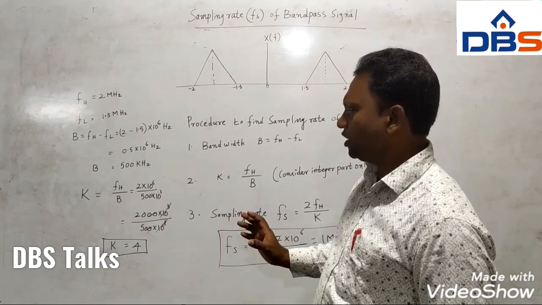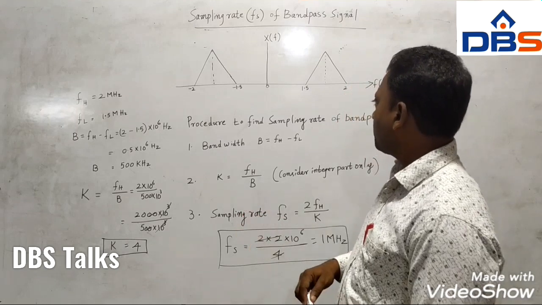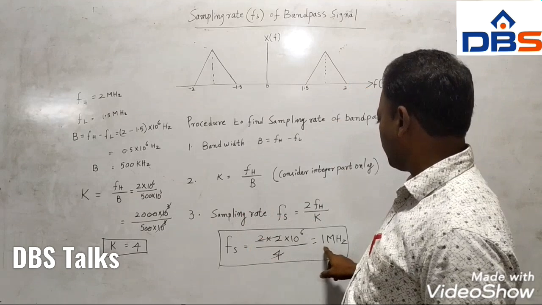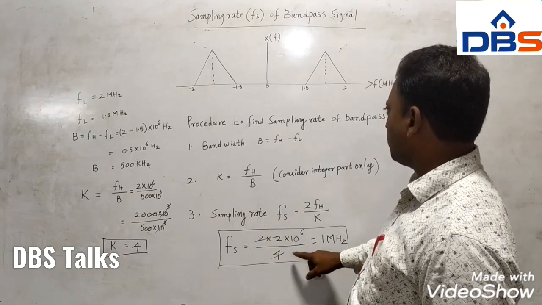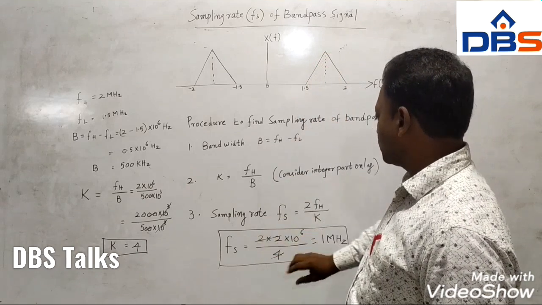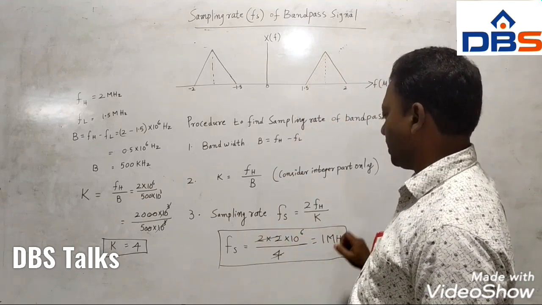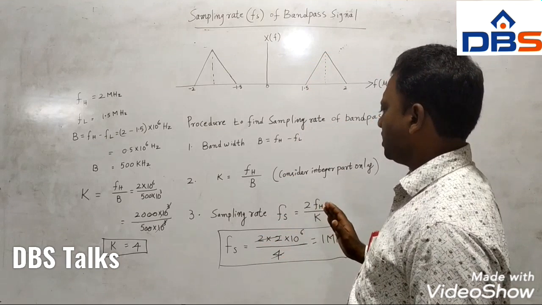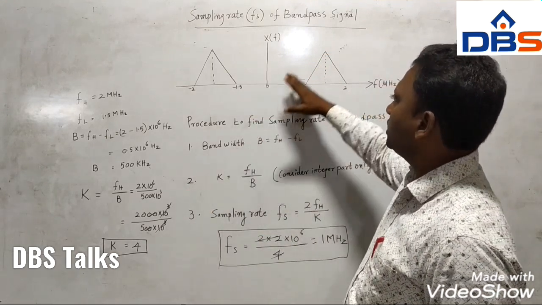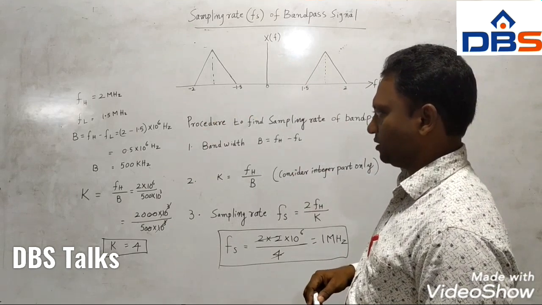If you want to sample this band pass signal, you will have a sampling rate of minimum 1 megahertz. So you always have to follow this procedure to calculate the sampling rate of a band pass signal.